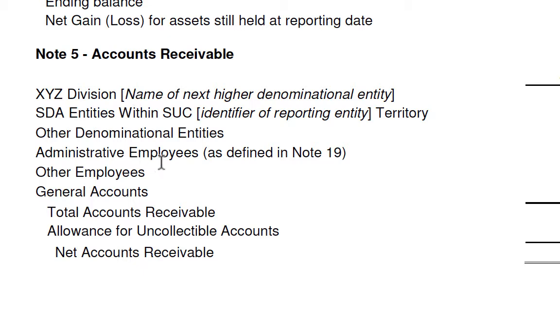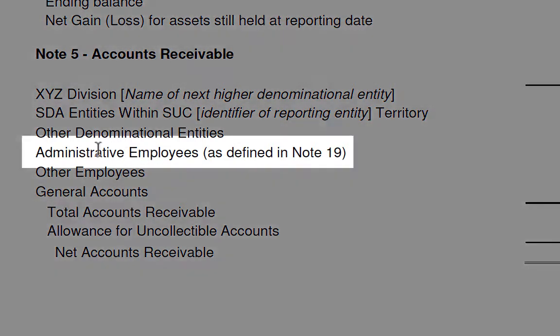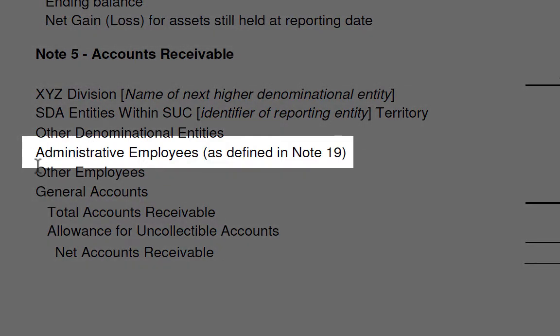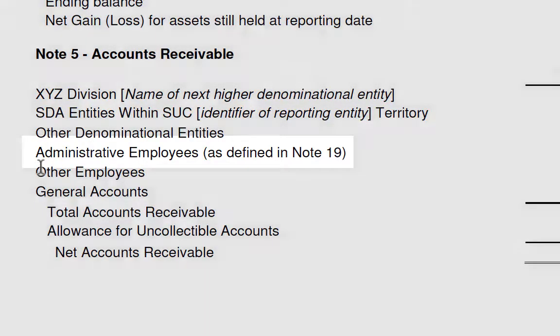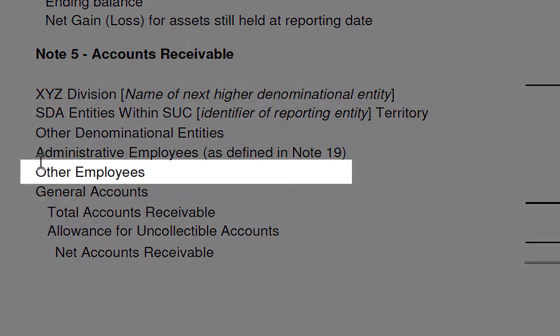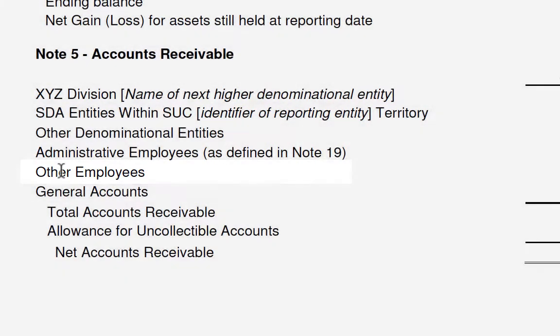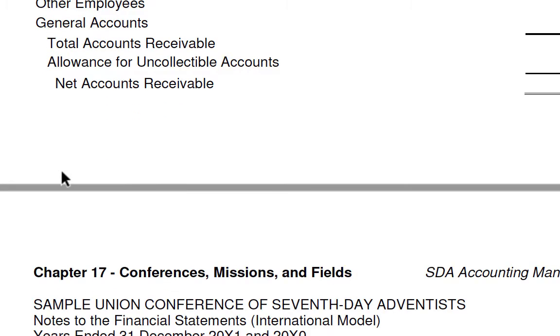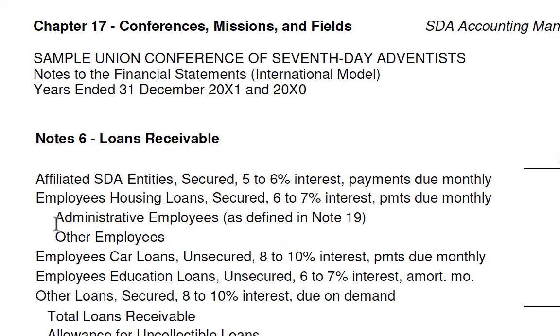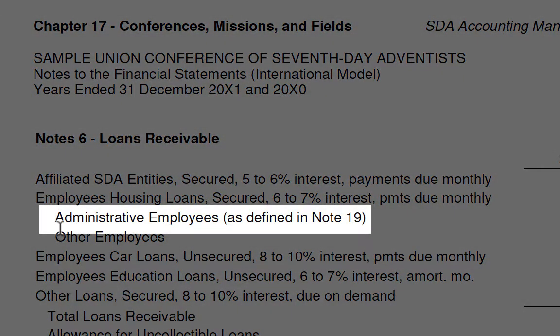And their receivables have to be shown separately. So you can see it right here, how the administrative employees are broken out separately, their receivables from the other employees. Likewise, you could see the same thing happening down here in housing loans. Administrative employees being shown separate from other employees.